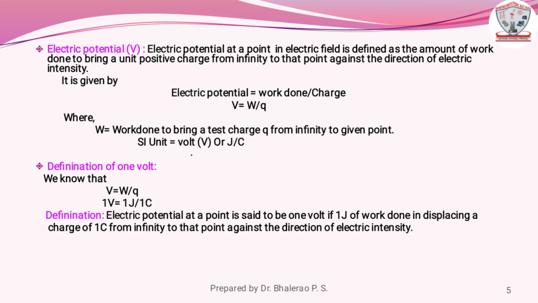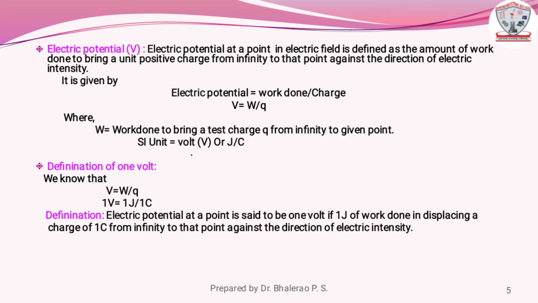In equation form, we can write V is equal to W upon Q. W is the work done to bring a test charge Q from infinity to the given point, and the SI unit of electric potential V is volt.